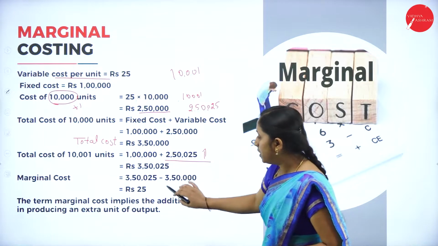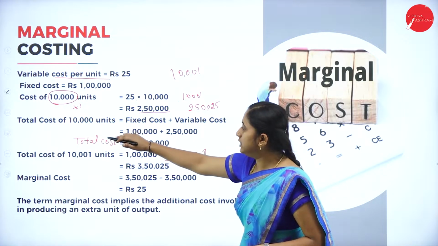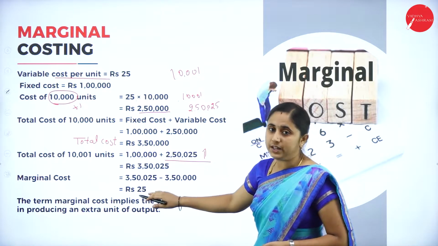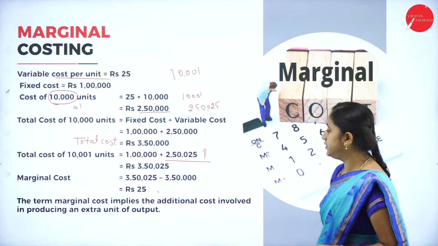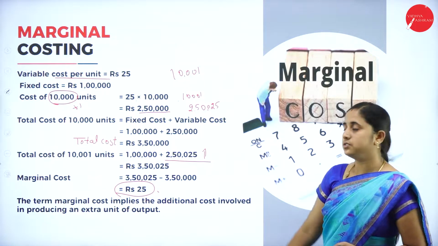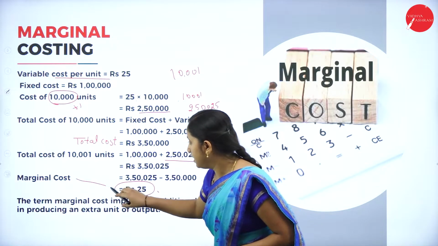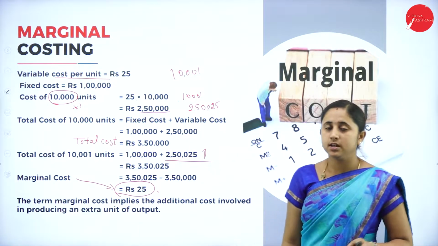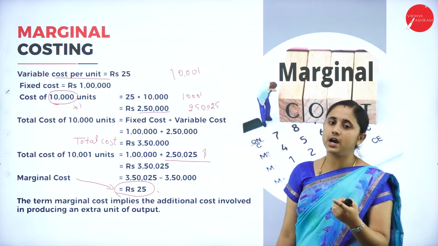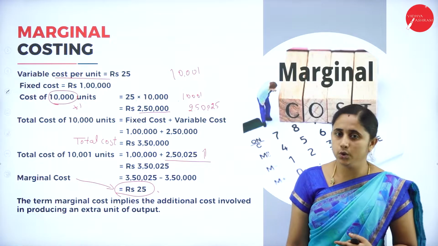So what is the difference between the 10,000 and 10,001 units? 3,50,025 minus 3,50,000. So the difference is 25 rupees. So this 25 is considered as marginal cost, the cost incurred to produce one extra unit or one more unit.